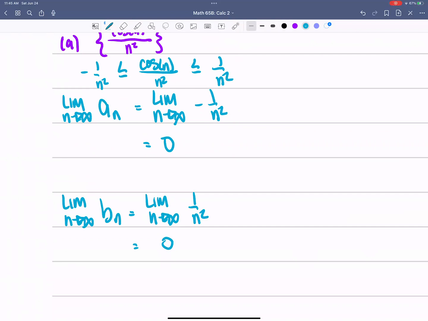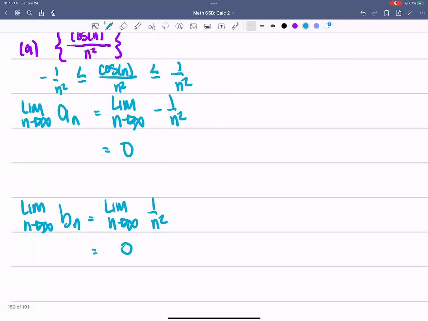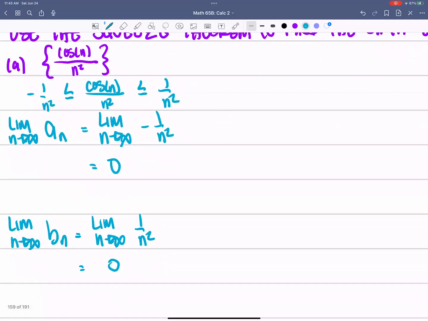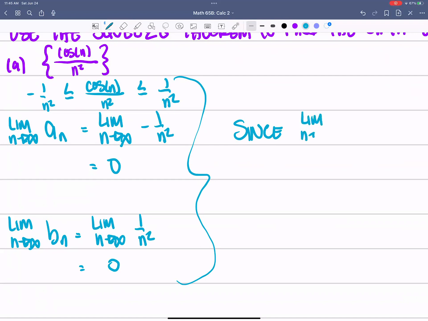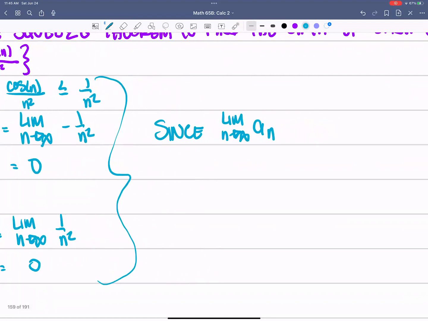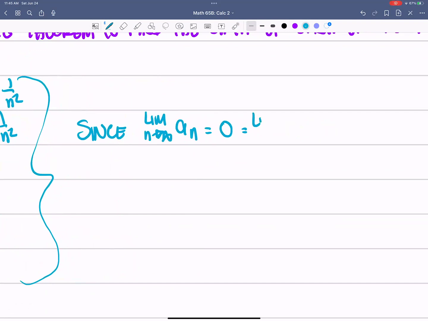So since those two are equal to each other, based on all this evidence, the limit as n approaches infinity of A sub n, and this isn't B, this should be C, we're proving B. So A sub n is equal to 0, which is also equal to the limit as n approaches infinity of C sub n.